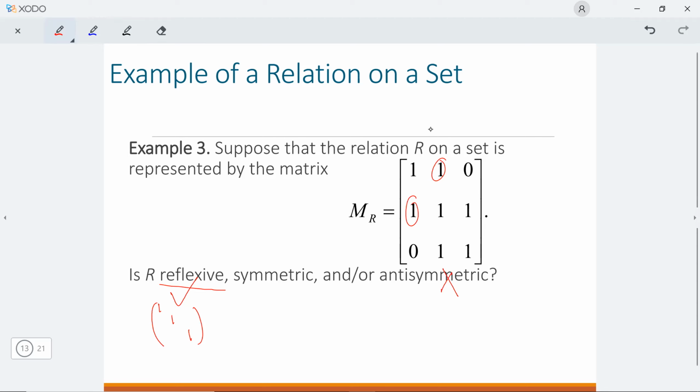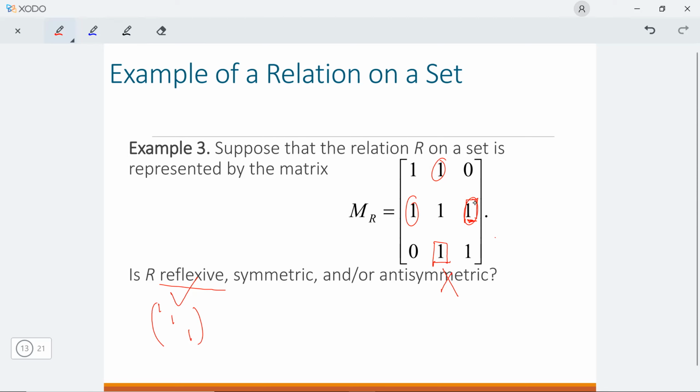Then let's look at the next element not on our diagonal that also equals 1. This is in the second row and third column. Let's look at the opposite position with respect to the diagonal, which is the third row and second column. Both of them equal 1.